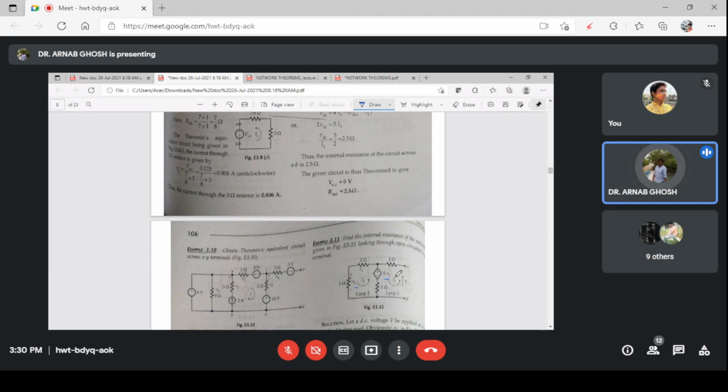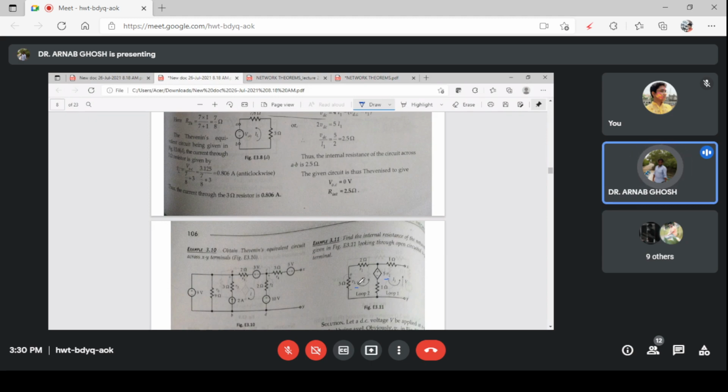So for the open circuit voltage, this capital V, applying KVL: 1 into I1 plus 5 VL plus 1 into (I1 minus I2). Capital V will be 1 into I1 plus 1 into (I1 minus I2).